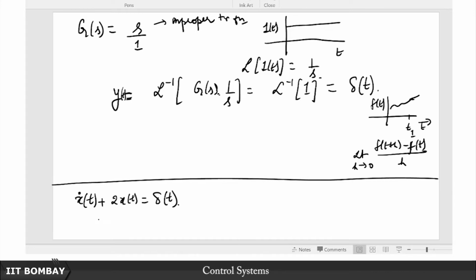If you are trying to find out the impulse response of this system, what is that essentially? You apply the impulse as an input. So effectively your system is x dot plus 2x is equal to u, and in order to find the impulse response, you just apply the impulse at the input channel, and what you get as the output is going to be the impulse response of the system, is it not?